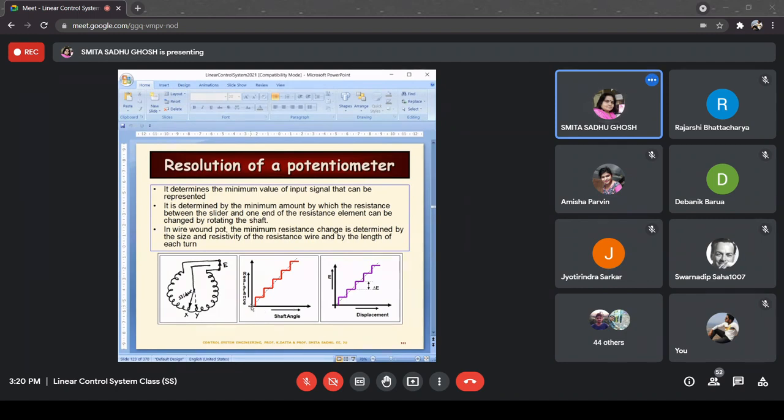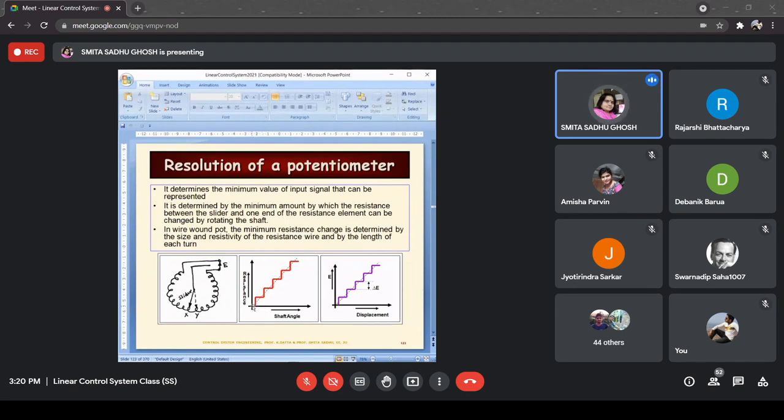So it can be 0 and it can be 0.1, 0.2, 0.3, 0.4, 0.5, 0.6, etc. But as I told you, say for example, the shaft angle is 1 over here, and here it is, let us say, 3 over here.